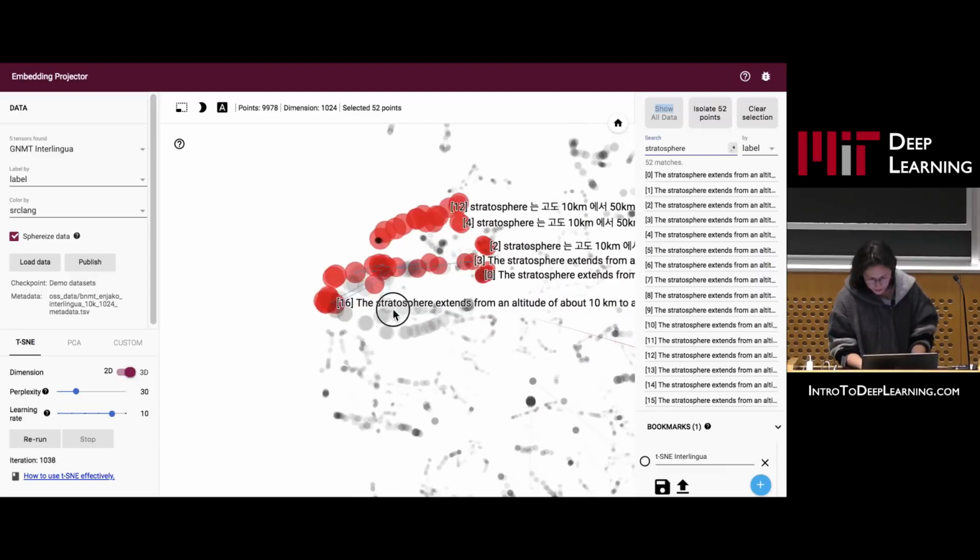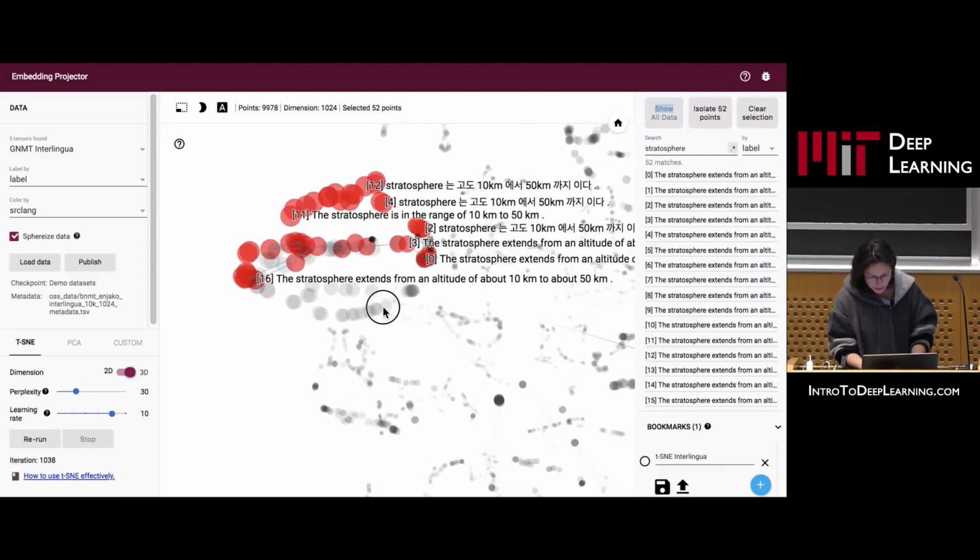I'm going to try to drag it all the way here. Do you see this little cluster here? The stratosphere with the altitude between 10 and 50 kilometers, okay? Ignore all of this junk here. This is not supposed to be there. But this is what I care about.